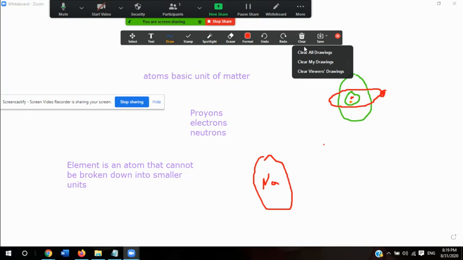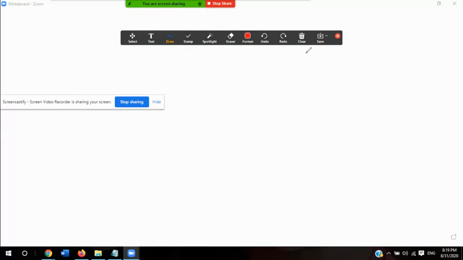Let me go ahead and clear the drawings. Something very important is the fact that atoms of different elements differ in the number of protons they have.